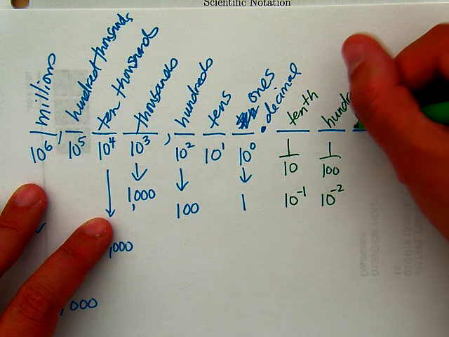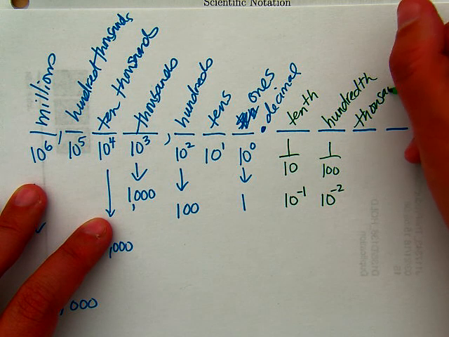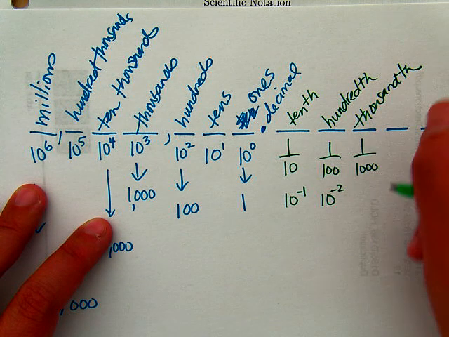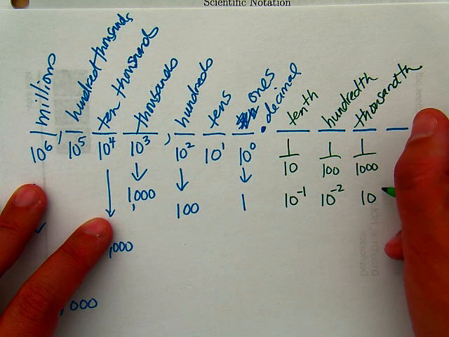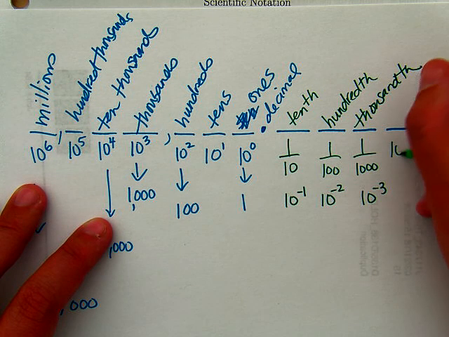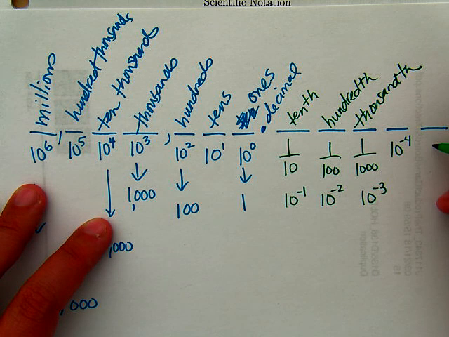What do you think about a thousandth? A thousandth is 1 divided by 1,000, or 10 to the negative 3. 10,000th, 10 to the negative 4. 100,000th, 10 to the negative 5. A millionth is 10 to the negative 6.